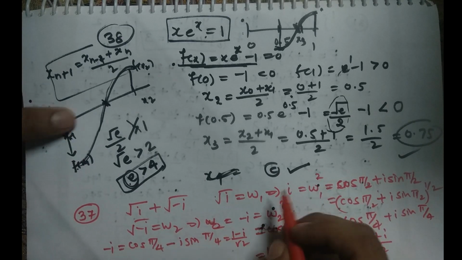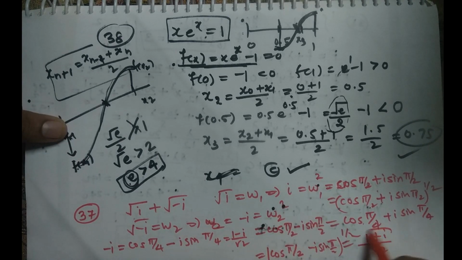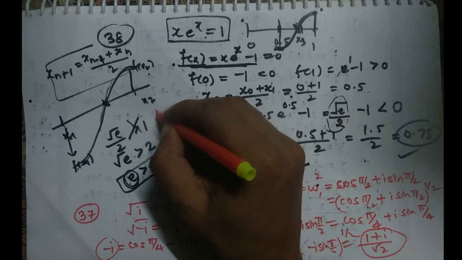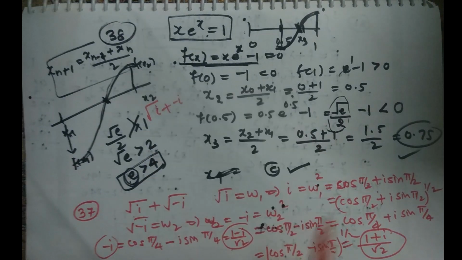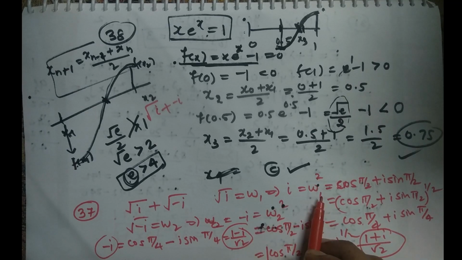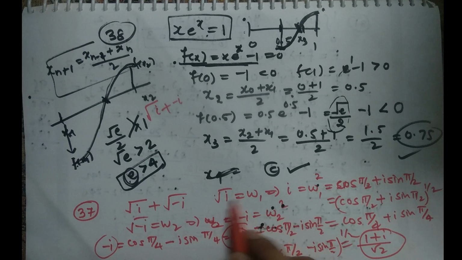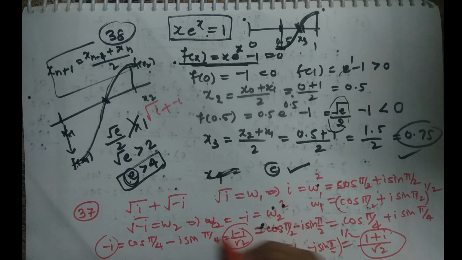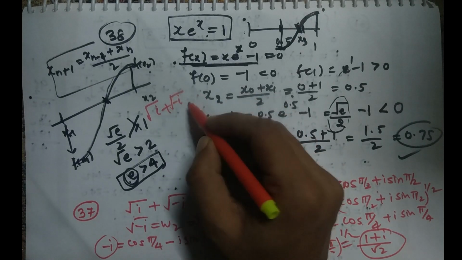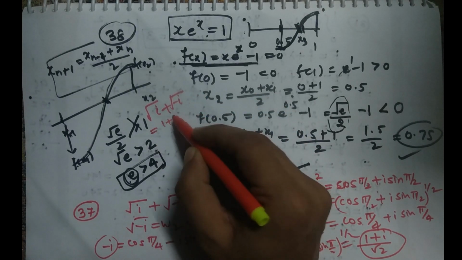So we have found the value of root i, which is equal to this, and we also found the value of root minus i, which is equal to this. Let's add both of them. So we have found root i, which is equal to omega 1, and we also got omega 2, which is root of minus i, equal to (1 - i) by root 2.